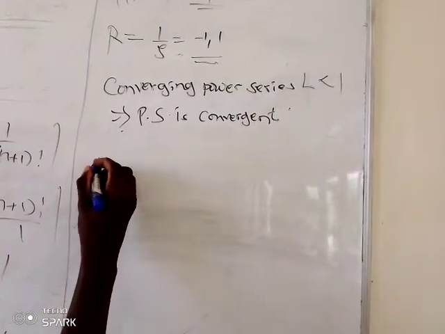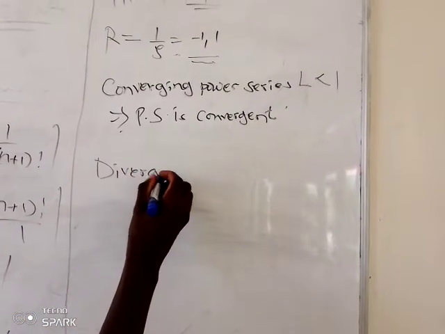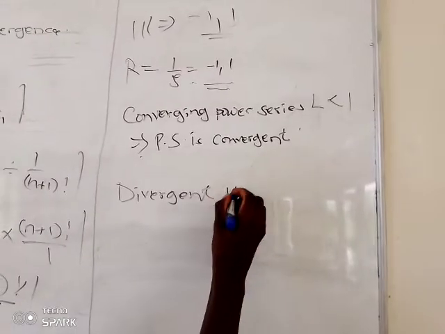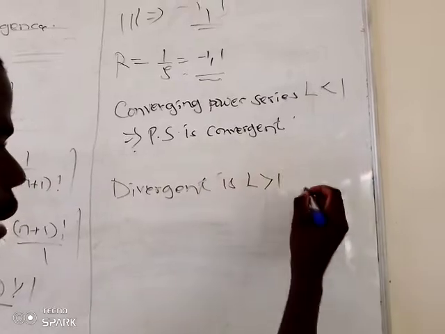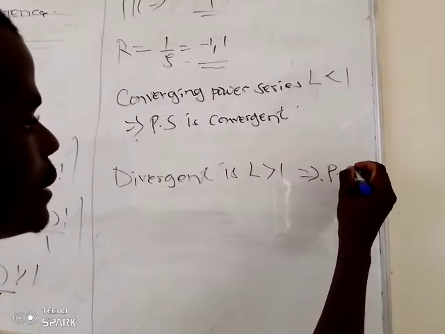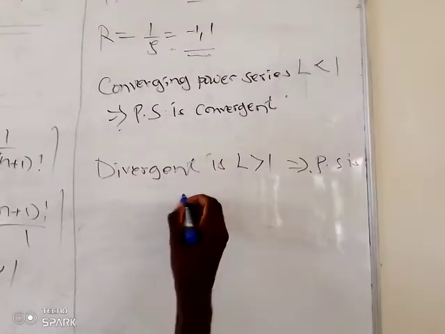And for divergent, if L is greater than 1, this implies that the power series is divergent.